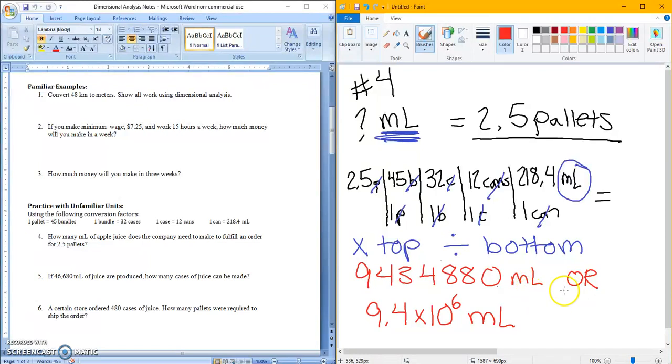I don't want to go into another prefix right now, so I just put it into scientific notation. Ta-da! You have just said that in 2.5 pallets, it equals 9.4 times 10 to the 6 milliliters of apple juice. That's a lot of apple juice. All right, so that is how dimensional analysis works.